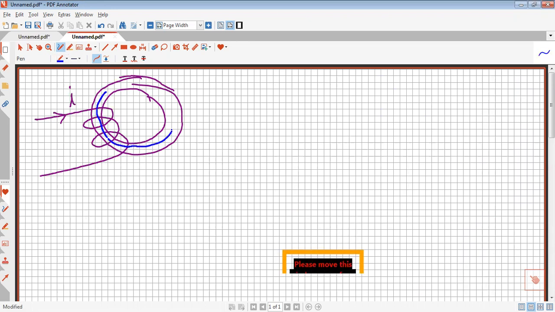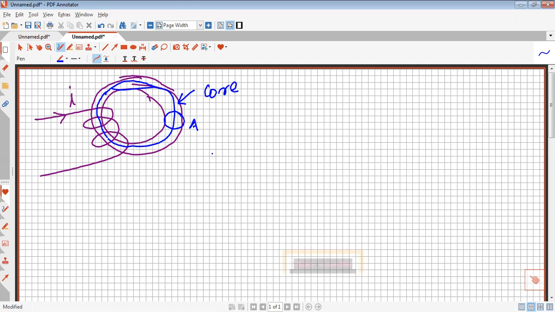This is called the mean flux path. If we consider a small cross-sectional area here, suppose the cross-sectional area is A, and this is the core of the magnetic material.